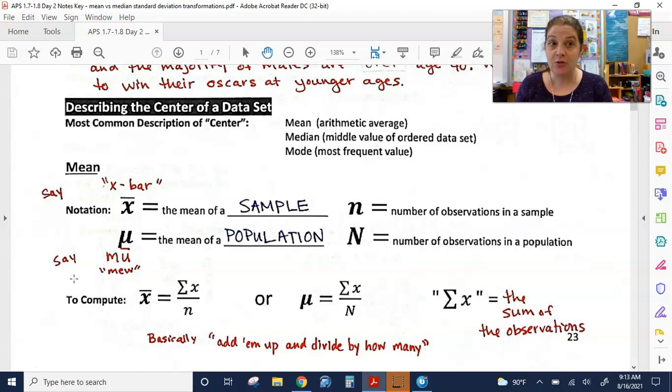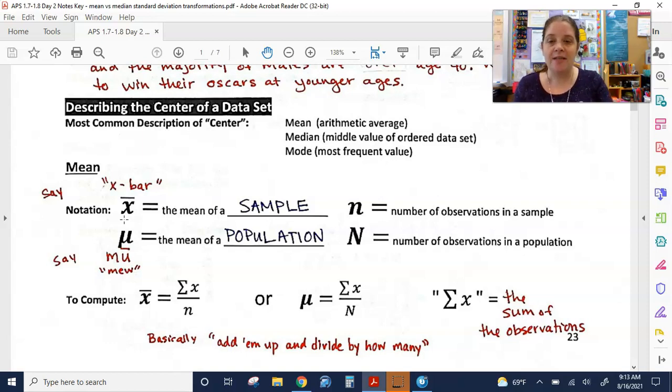When we are talking about mean, there's a couple of notation things you need to add to your toolbox. The first one is that we can talk about mean in two ways. We can use a sample or a population. If we're talking about a sample, the symbol we use is an X with a little line over the top of it, and we say X bar. So if I write X bar, that means this is an arithmetic mean, and it is from a sample set of data.